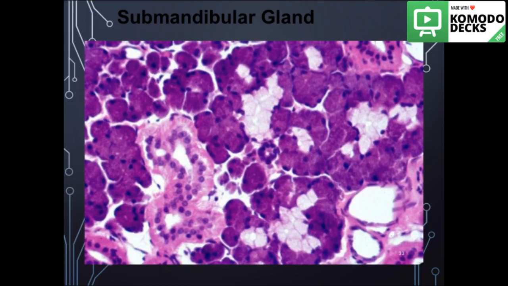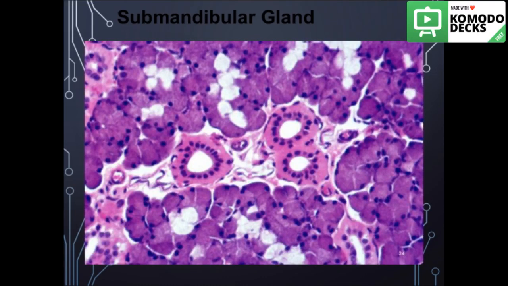Again, striated ducts are obvious, and we can see larger collecting ducts. Similarly, a couple of striated ducts.